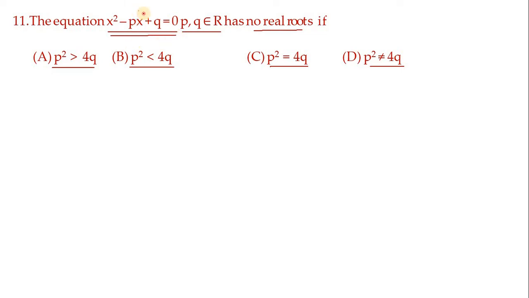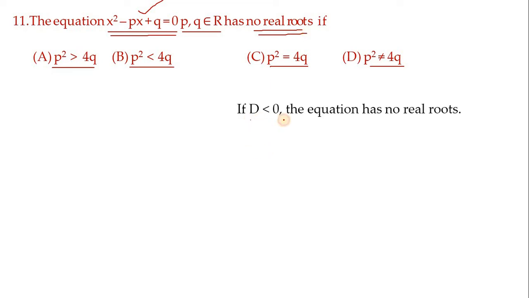So here this is the given equation and we have to write the answer when it has no real roots. Now remember the discriminant concept. When the quadratic equation doesn't have real roots, that is when D is less than 0, we never get any real root. Hence you have to use that concept.